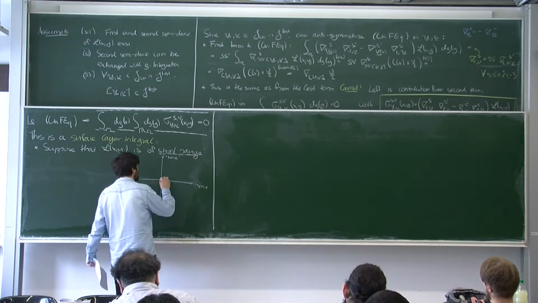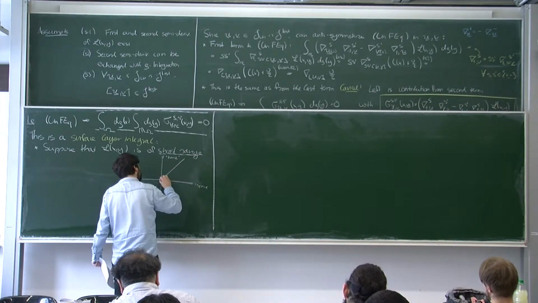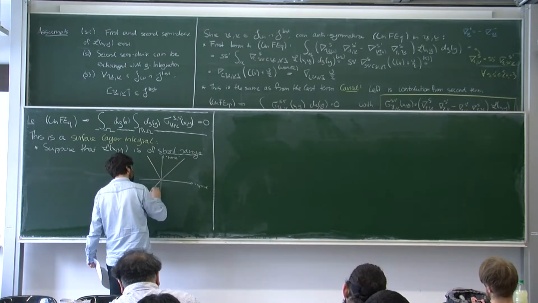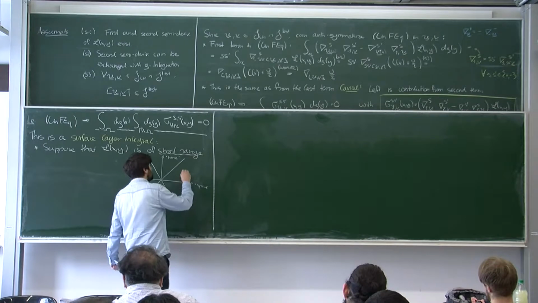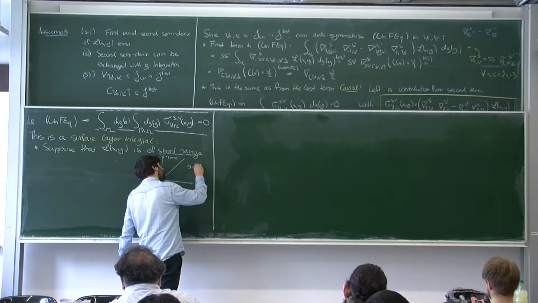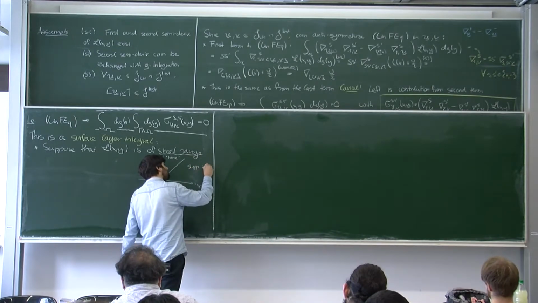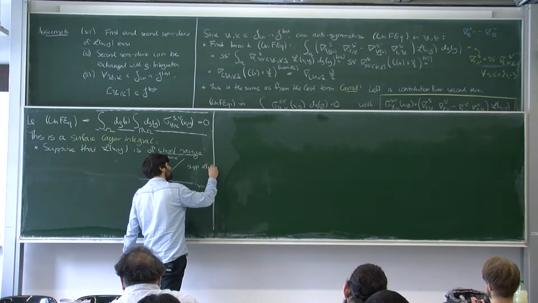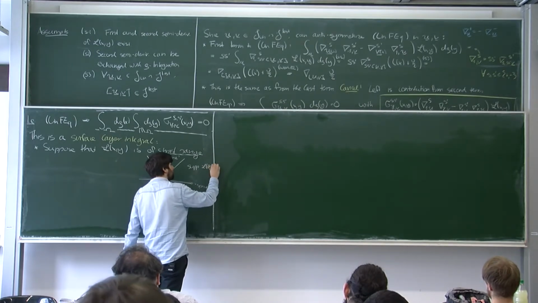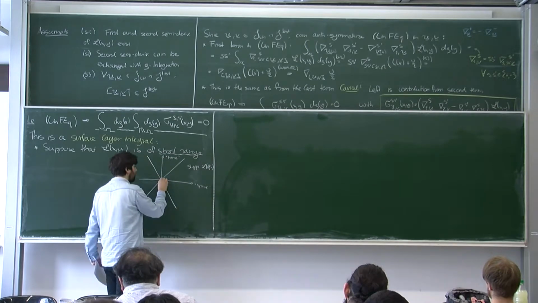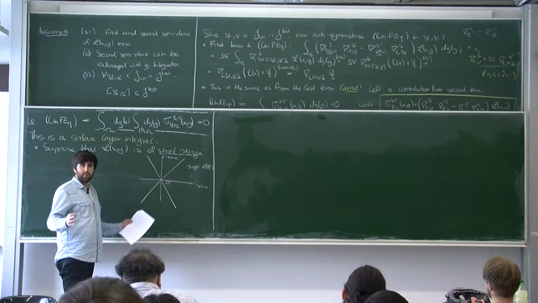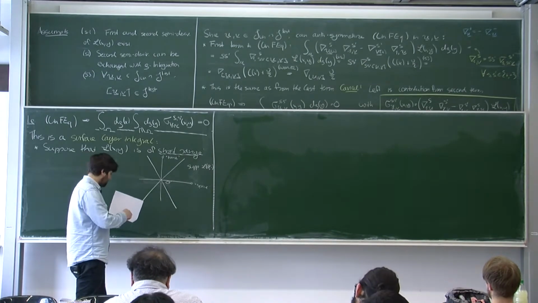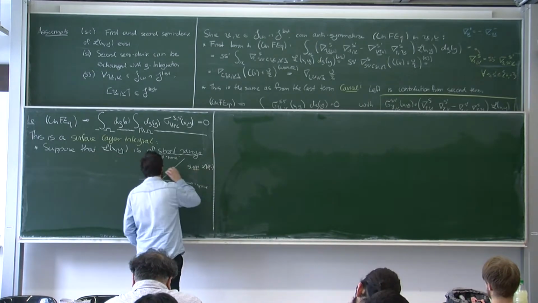If this is the light cone, we already know that the support of L of x comma dot, where we fix x to be 0, is contained in this light cone.